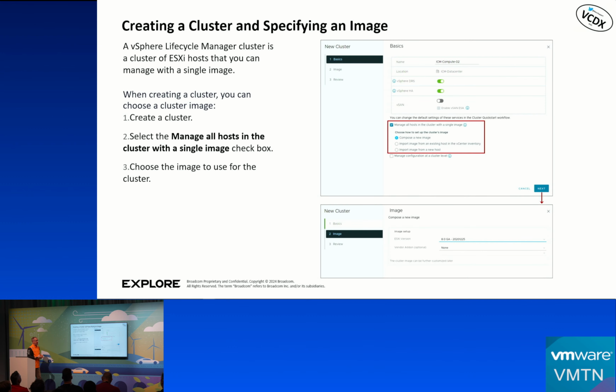Some of our customers have had mixed clusters in the past. For example, HPE, three different generations, generation 9, 10, and generation 11 in one cluster. EVC mode and everything is done. It worked with baselines. That doesn't work with the image-based option.